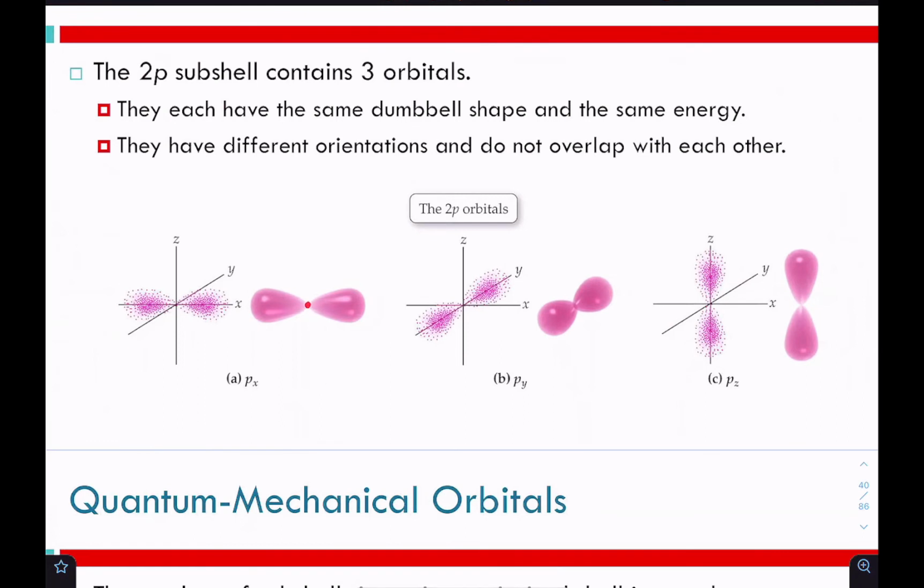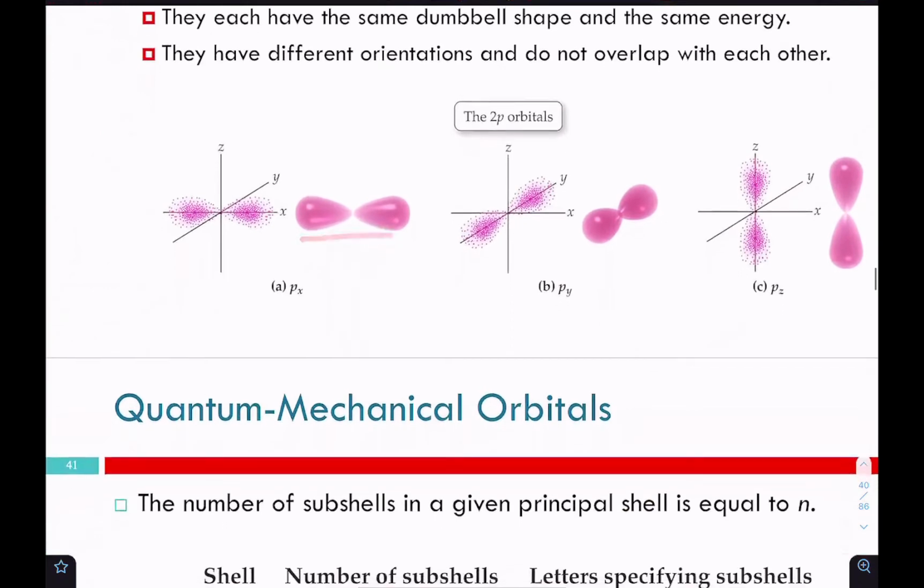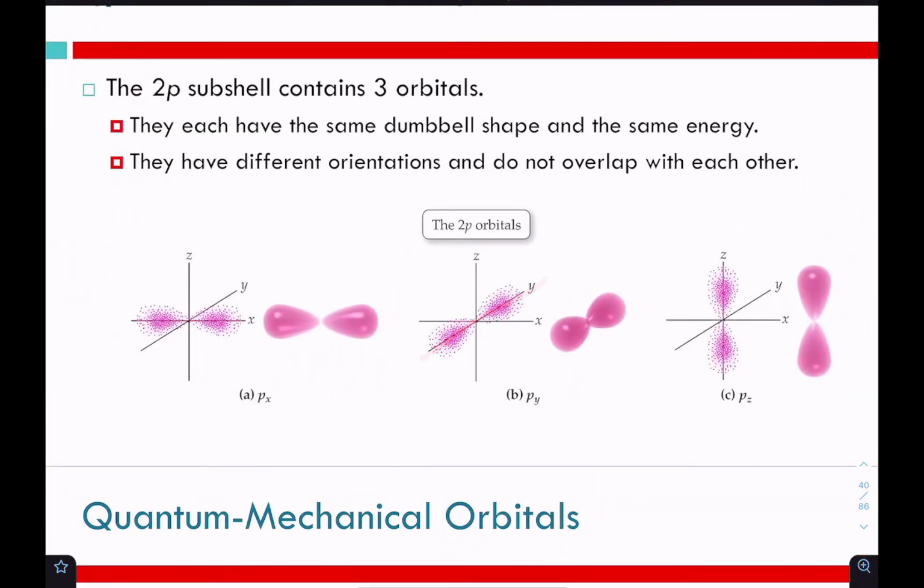So even though they look like they all have a point in the center, that point in the center is the nucleus, and the electrons don't go to the nucleus. So you have this one on the x-axis, this one on the y-axis. You can kind of think of that as going in and out of the projector screen there. And then this one is on the z-axis, so perfectly vertical. So you've got two that are forming an X, and then one that goes up and down through the center of those. Those are the p orbitals.